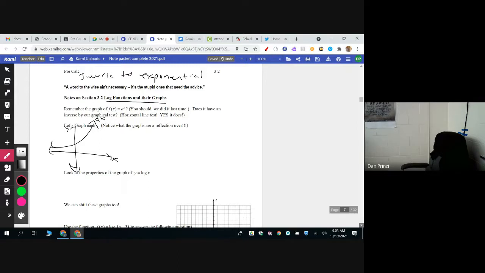Wait, it's reflected over y equals x. Correct. So it looks like this. Look familiar? We could write y equals log base a of x. David is right, it's reflected over y equals x.